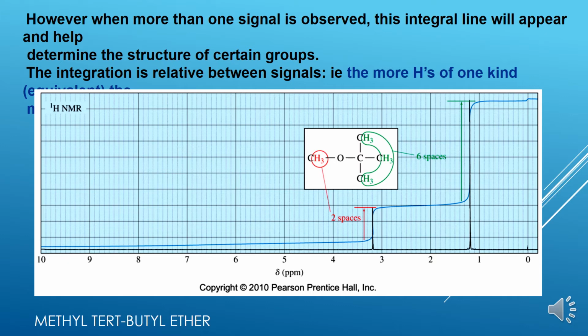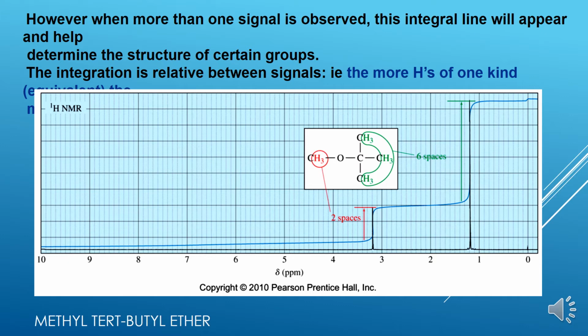Therefore, approximately nine protons are available on that tertiary butyl carbon atom. Remember, with the help of this idea, one can calculate the number of equivalent protons in a molecule and in turn determine the structure of the functional group.